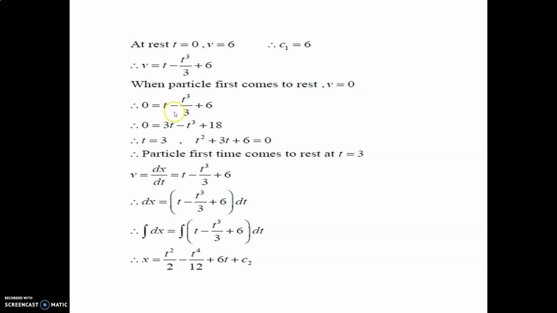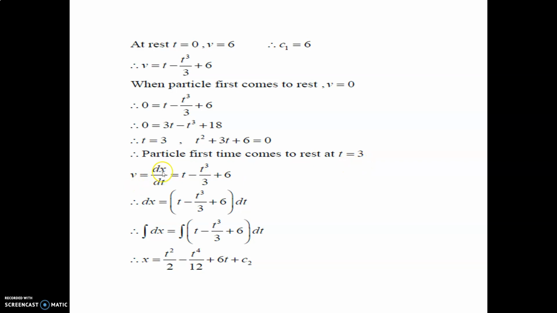So 0 = t − t³/3 + 6. Taking the cross multiplication, 0 = 3t − t³ + 18. Therefore, t² + 3t + 6 = 0. Now the particle first comes to rest at t = 3.